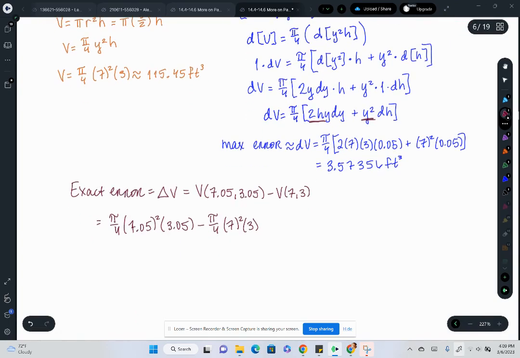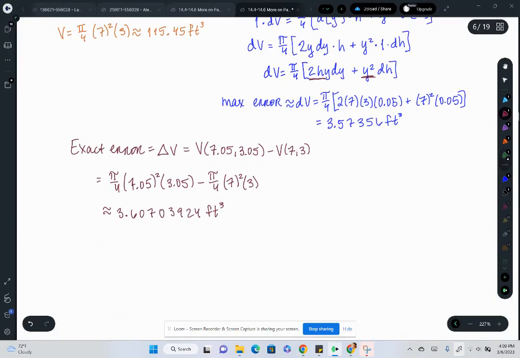All right, when I plug this into my calculator, I get approximately 3.60703924 cubic feet. Okay, so we can see here very clearly that dV does not equal delta V, right?